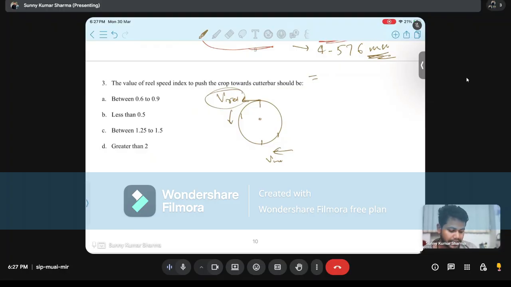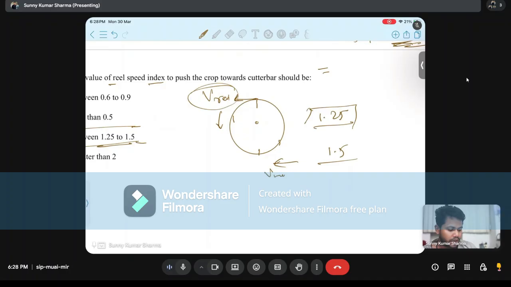If it is greater than a certain value, then there is a problem, and if it is less than a certain value, then there is a problem. So the optimum reel index, which has been found from many experiments, is between 1.25 and 1.5. 1.25 is lower limit and 1.5 is upper limit.